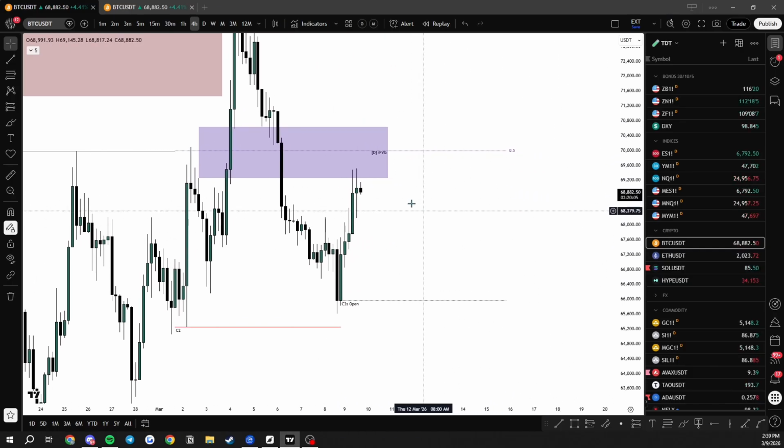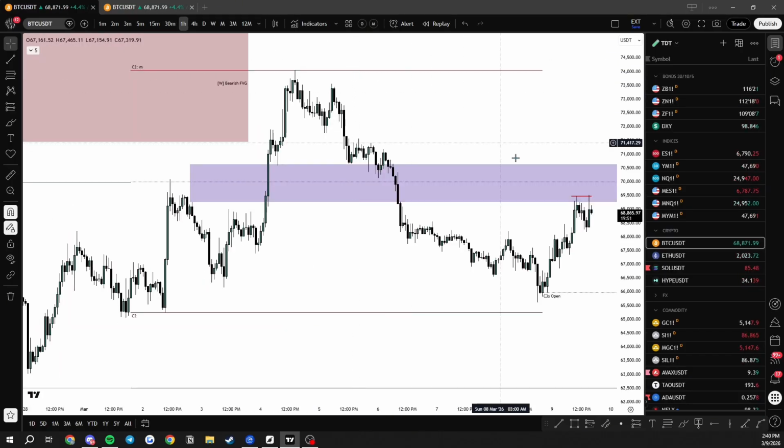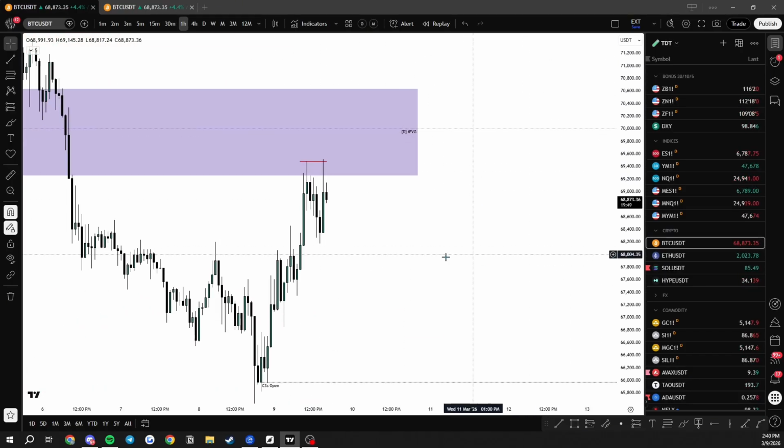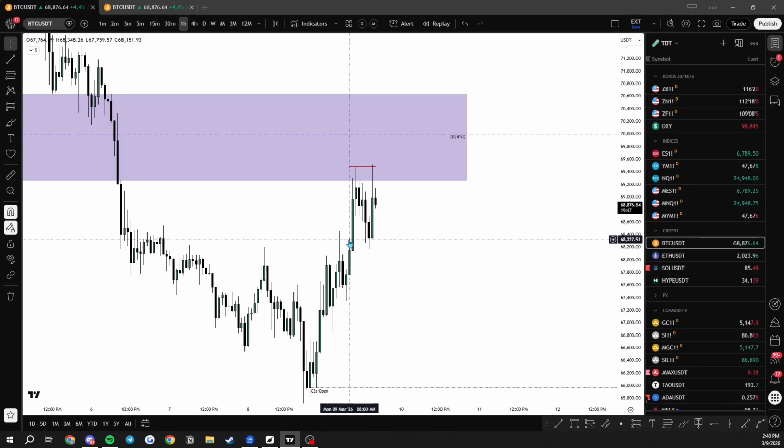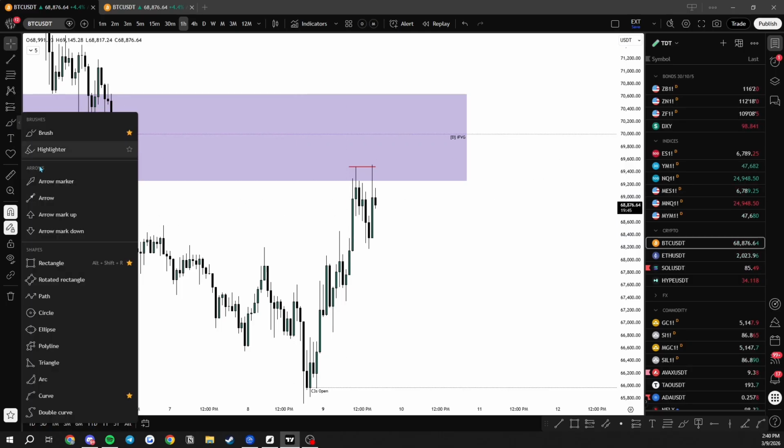So definitely there is a trade idea here inside of candle 4. Then we'll go ahead and drop into the 1 hour. Like I said, I was waiting and still kind of am waiting for an inversion of this fair value gap right here.